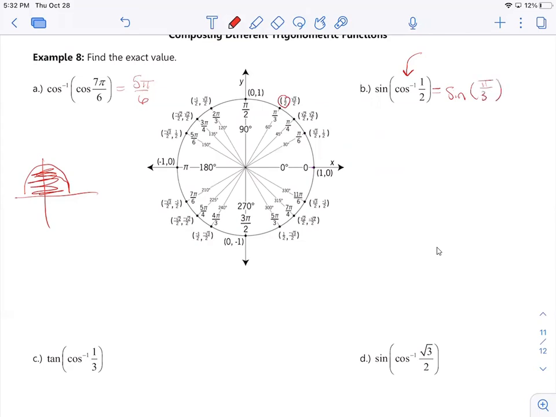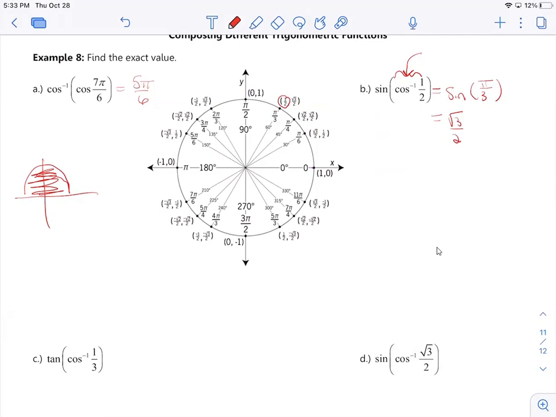So you are evaluating the inside. It's like order of operations, evaluate the inside of parentheses and then keep solving. So you just evaluated what inverse cosine of 1/2 is, and it's pi over 3. And what does sine produce there? Well, root 3 over 2.